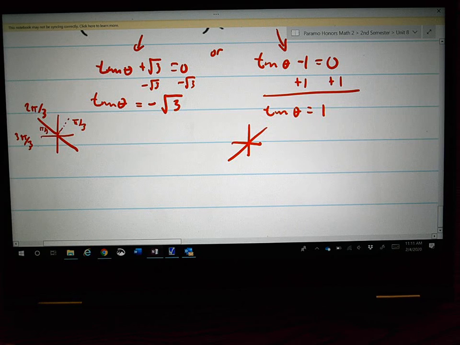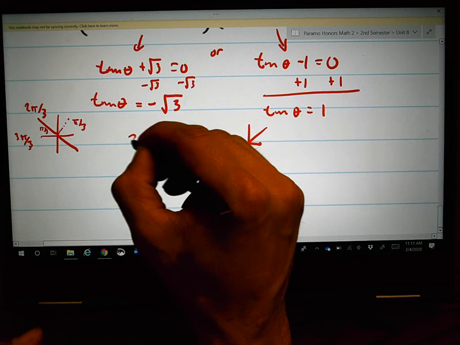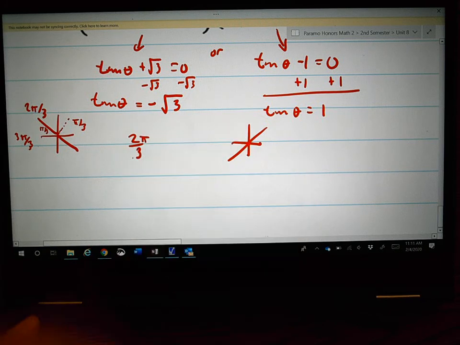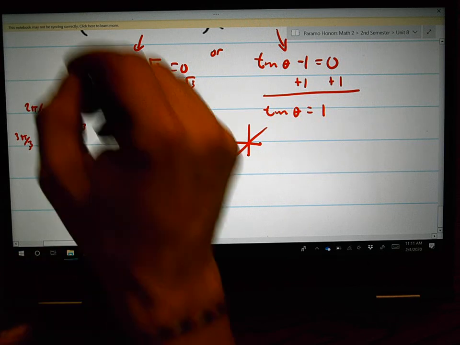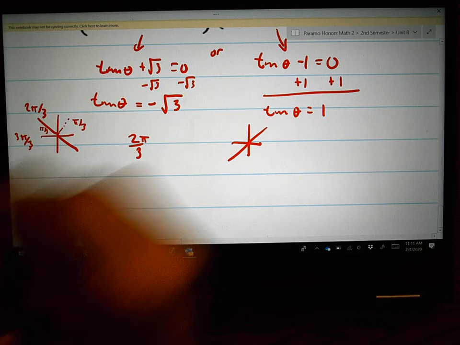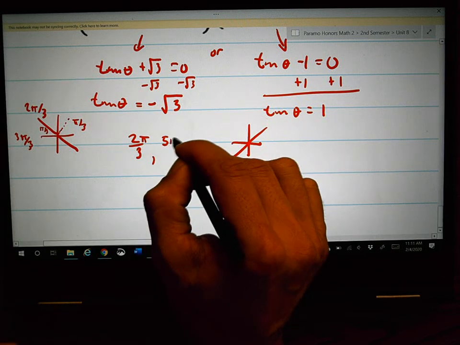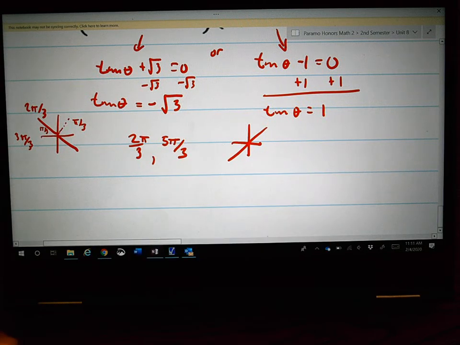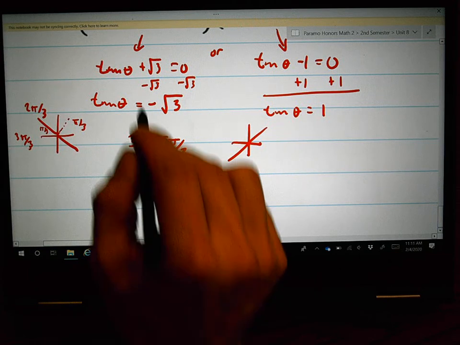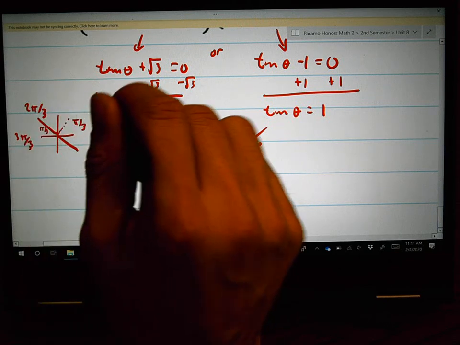And the quadrant 4 possibility: you're almost at 2 pi, you're almost at 6 pi over 3. These are our two solutions for the tangent of theta equal to negative √3.